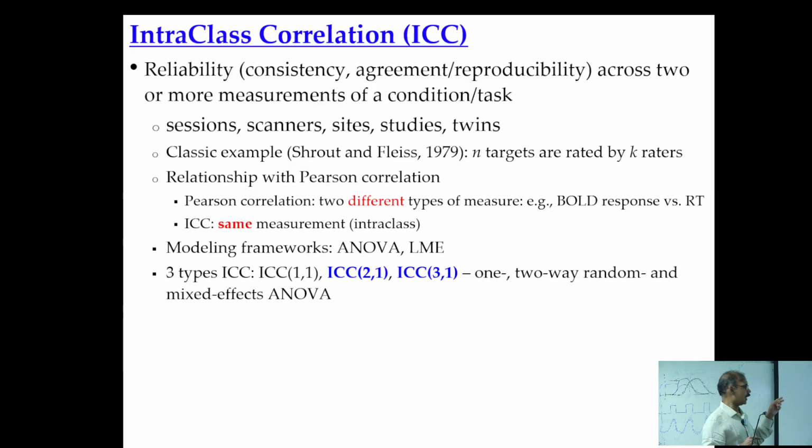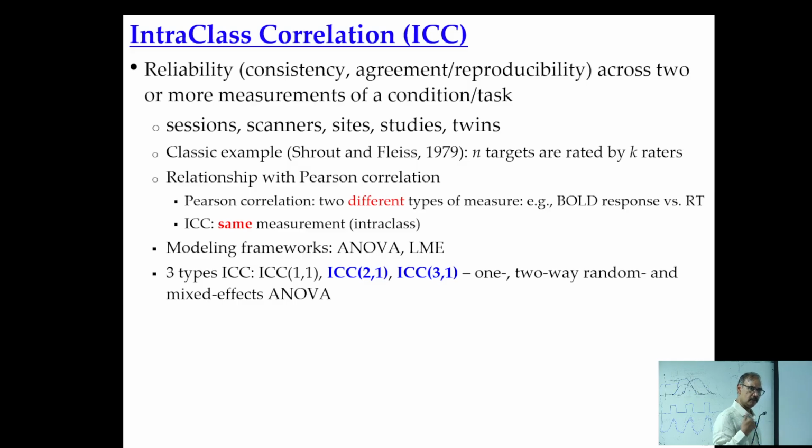So in those cases, we can look at ICC to look at how reproducible these connectivity or correlation measures are, right? And in this case, connectivity is not necessarily a good measure because the baseline condition would be different, right?